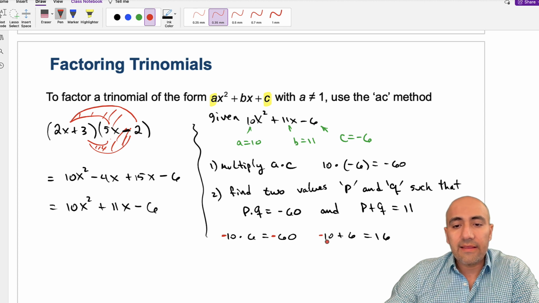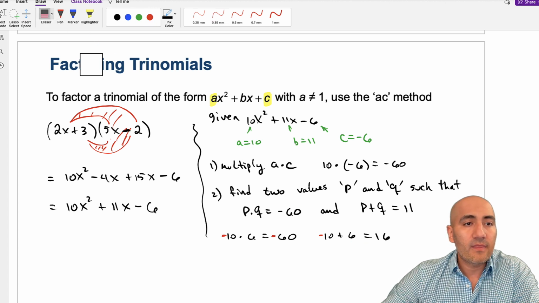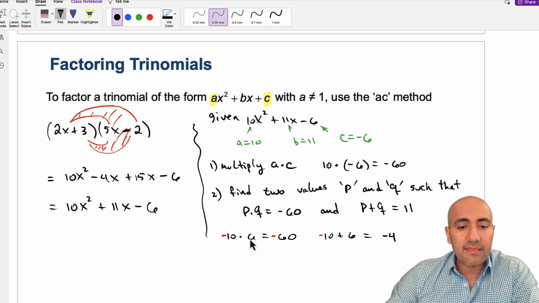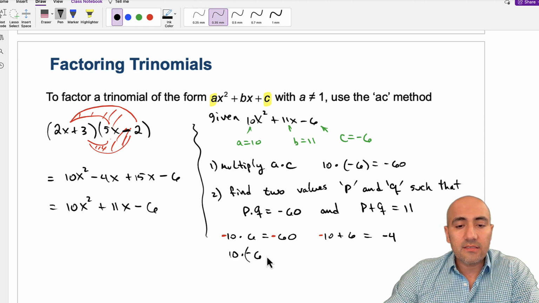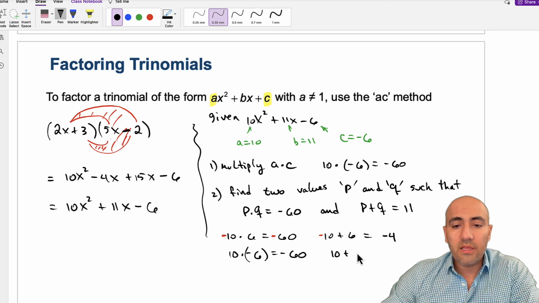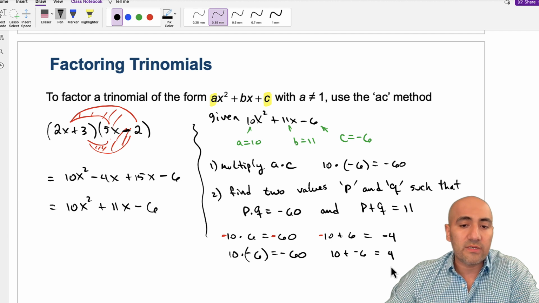Negative 10 plus 6 adds up to negative 4, not 11. So that doesn't work out. And even if I decide to make the negative on the other number, so 10 times negative 6, that's still negative 60. But then I have 10 plus negative 6, that adds up to positive 4, still not 11. So that doesn't work out.